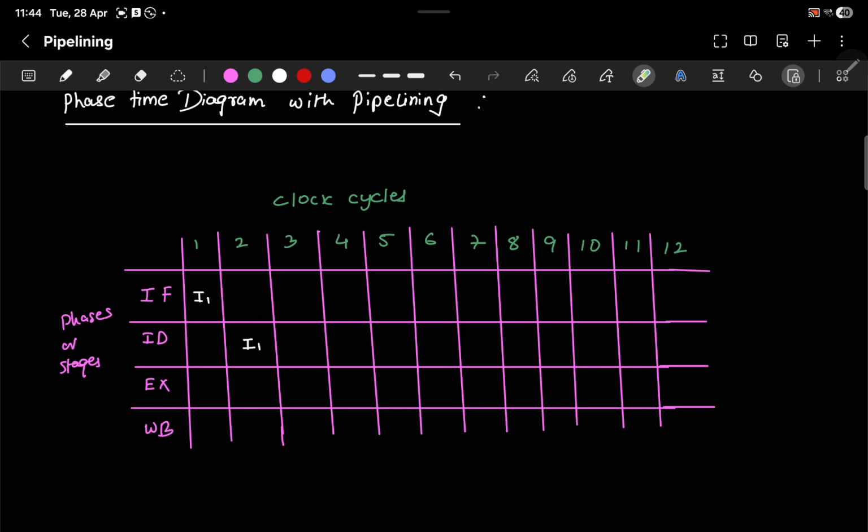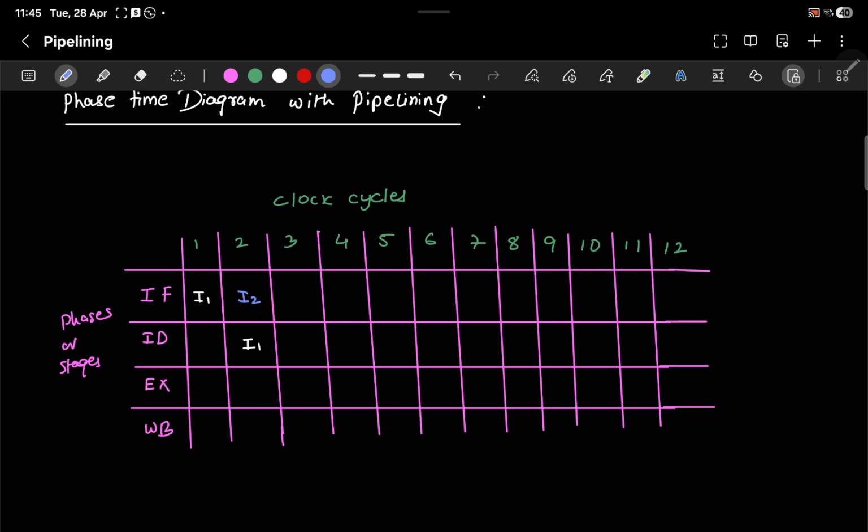Now we are using the pipelining technique. What the pipelining technique says is, why keep this phase idle, you can utilize it. So in this phase I will keep fetching I2. So at clock 2, I2 is at the fetching phase and I1 is at the decoding phase.